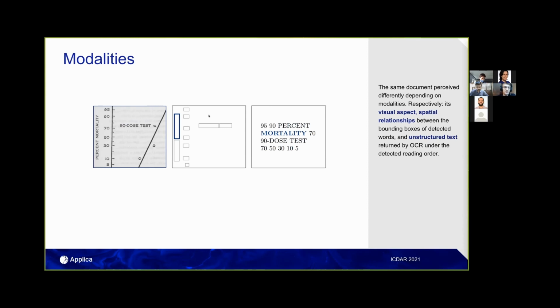That is why our model consumes three different modalities of the document, namely the visual features like charts or pictograms, bounding boxes of detected words, and unstructured text returned by OCR.